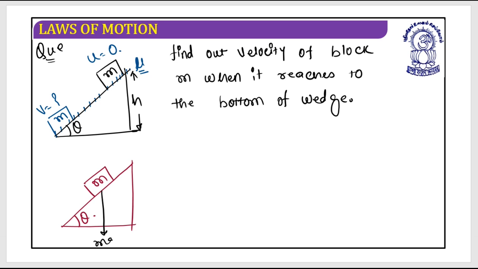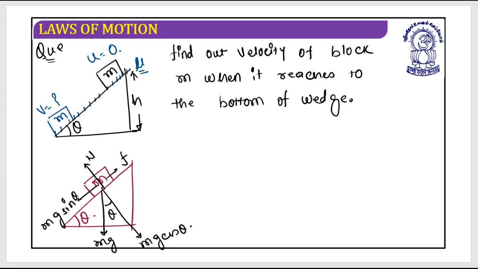It's mg, this is theta, so that should be mg cos theta. This must be mg sin theta, and as this block is moving in the downward direction, I need to apply friction in this direction, and the normal force would be there. Yes, so this is the situation.